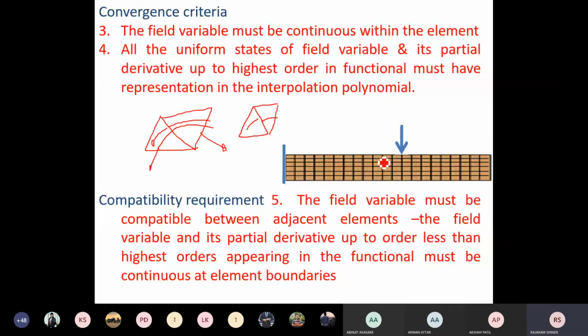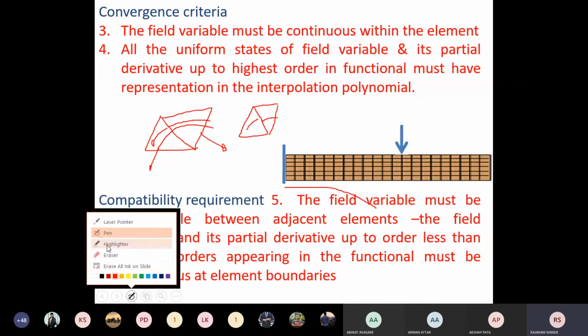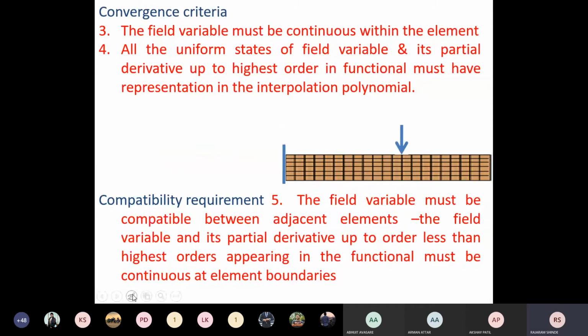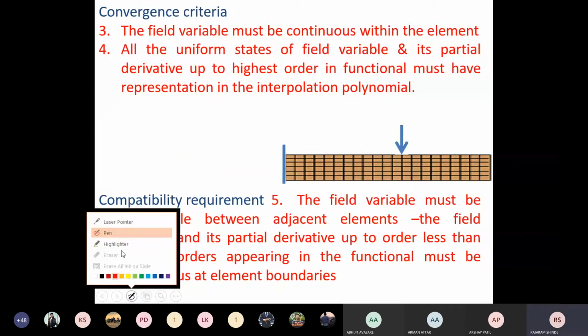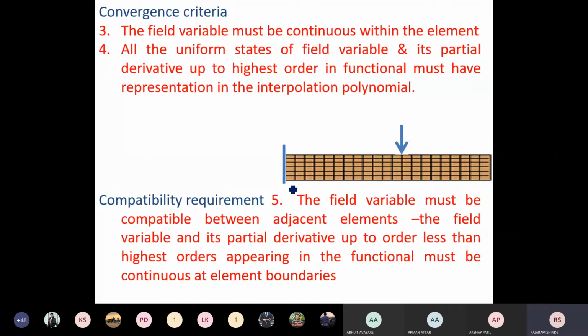This is the cantilever beam, and when we apply the load at this location, your deflection is like this. Am I right? It is continuous. Deflection is continuous. Means here if we plot the deflection curve, it will be continuous like this. See here, when your interpolation polynomial is not compatible, we are assuming the interpolation polynomial for a single element.